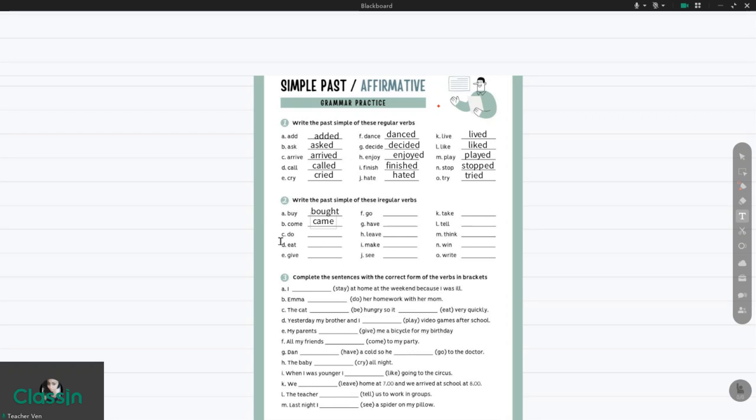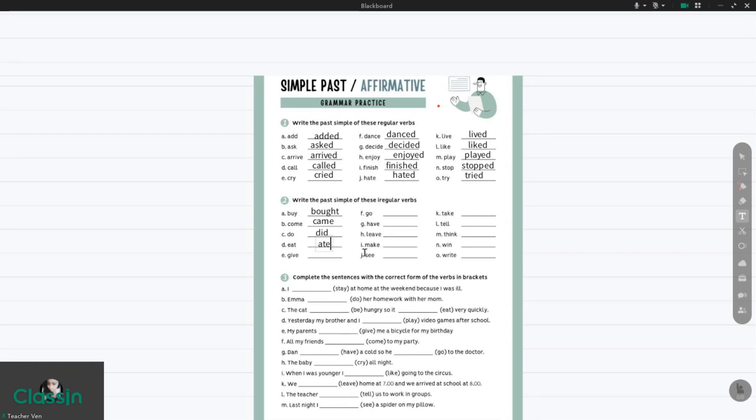And for do, we have the word did, right? Okay, let's move it. Let's move it a little here. Up, up. There. And for our letter D, which is eat, it becomes ate, right?